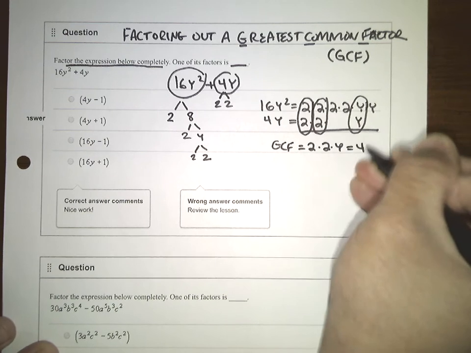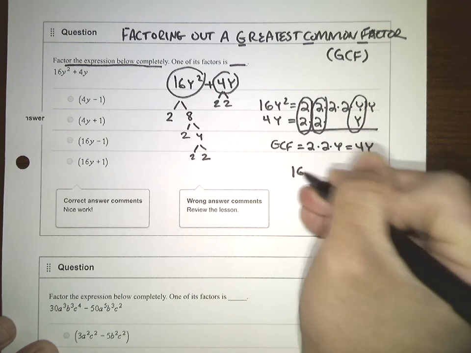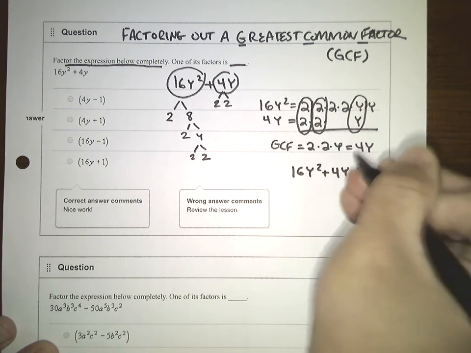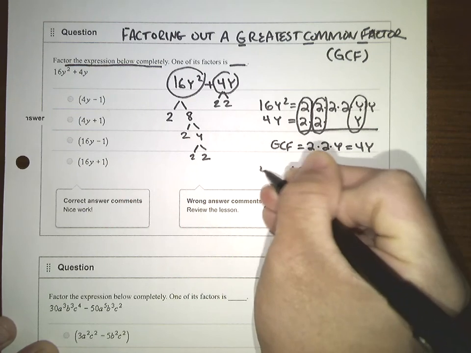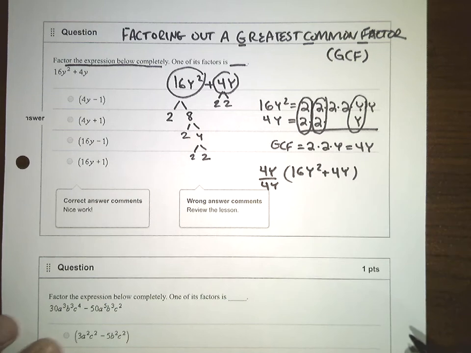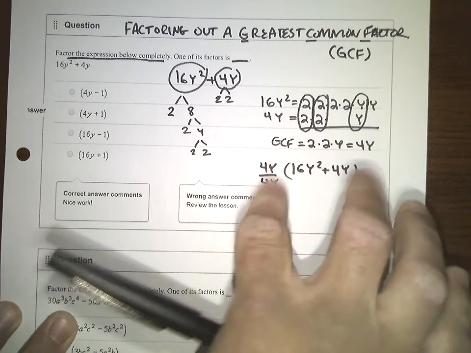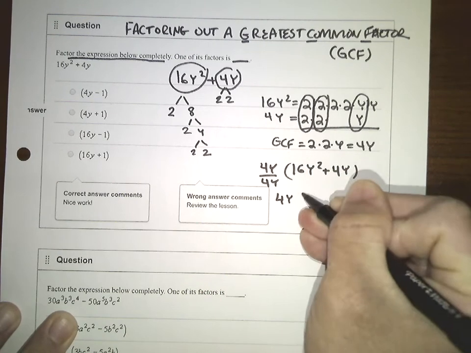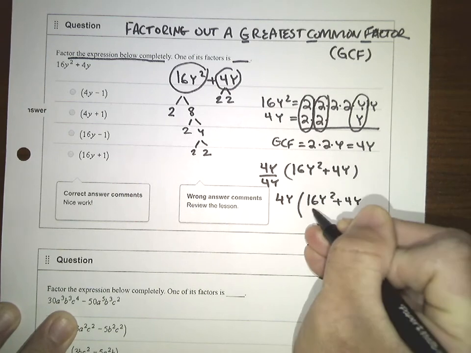So that's 4y. Now I'm going to take the 16y squared plus 4y, and multiply by 4y and divide by 4y. So 4y over 4y is just 1. Then I'm going to rewrite this as 4y times 16y squared plus 4y all over 4y.